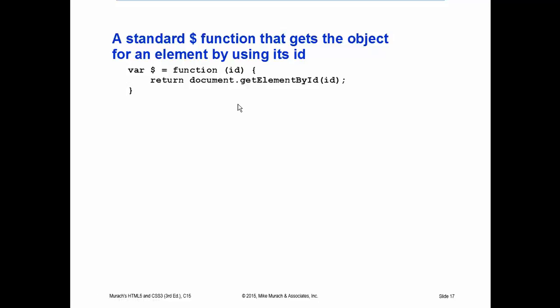All right? If you look at this, you might be confused, but in English what it's saying is, anytime I use the $ sign and I put something after it in parentheses, treat it as though I typed in document.getElementById with that same thing in parentheses. All right, so it's a standard function that gets the object for an element by using its ID.